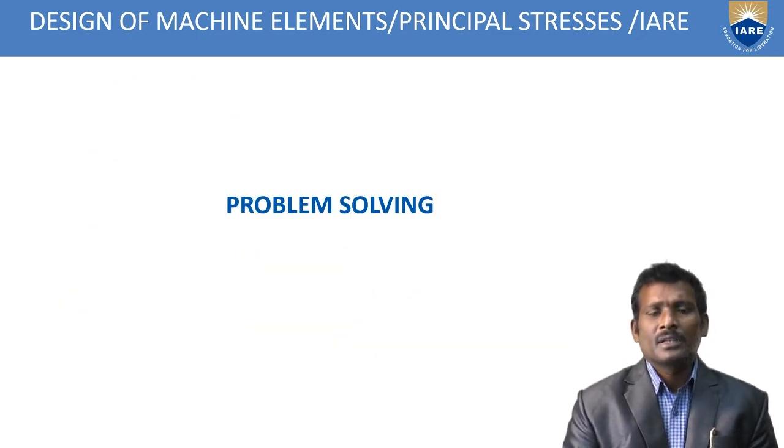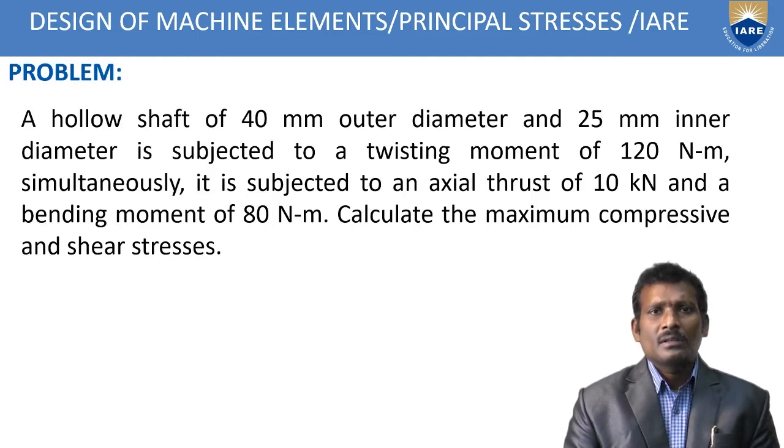So now we will see how to solve these type of problems whenever the component is subjected to combined loads. See, the given problem, the hollow shaft problem. Here some data is given.